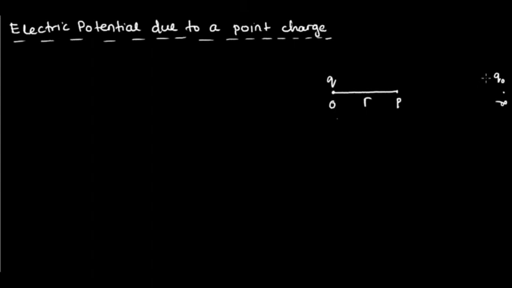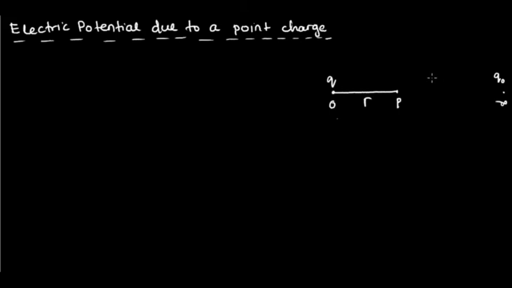Then what will happen? This test charge Q naught will experience a repulsive force. Is that clear? It means some external force should be applied on Q naught to take it towards the point P, because the test charge Q naught cannot go on its own to the point P, because it will experience a repulsive force.